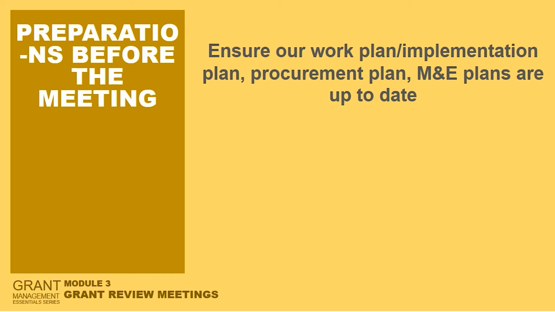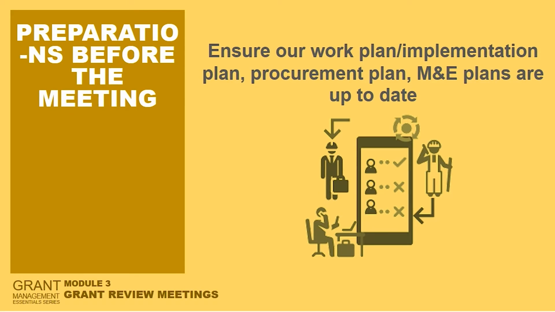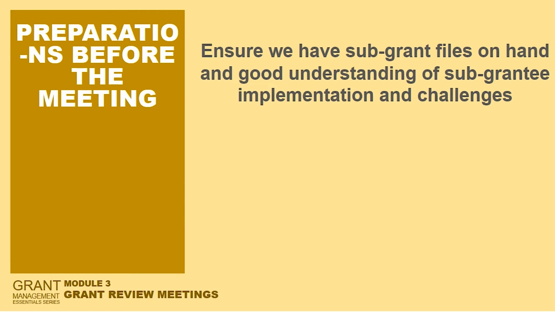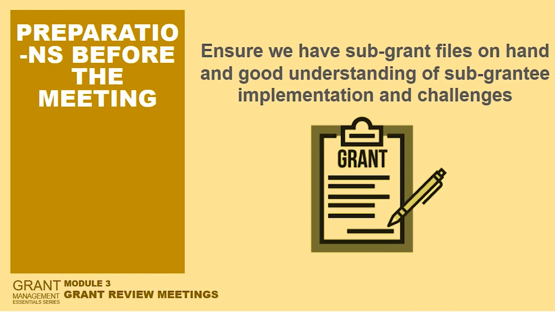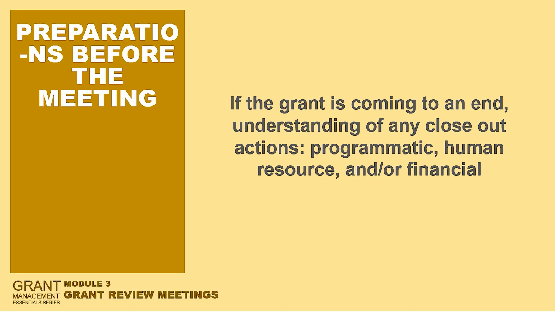Ensure our work plan or implementation plan, the procurement plan, and monitoring and evaluation plans are up to date. Ensure we have sub-grant files on hand and a good understanding of sub-grantee implementation and challenges. If the grant is coming to an end, ensure an understanding of any closeout actions, which could be programmatic, human resource, and/or financial.